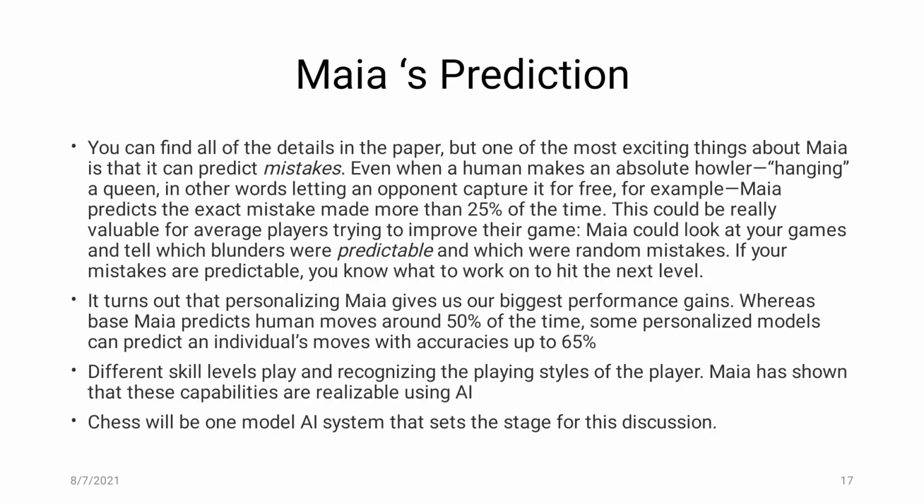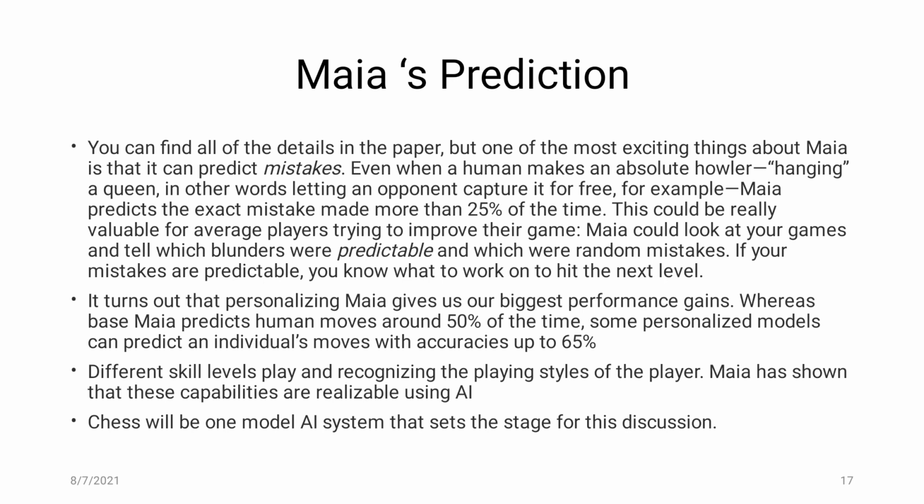Maya's prediction. You can find all the details in the paper which was discussed previously, but one of the most exciting things about Maya is that it can predict mistakes of the opponent players. Even when a human makes an absolute howler, which is hanging a queen, in other words letting an opponent capture it for free, Maya predicts the exact mistake more than 25% of the time.